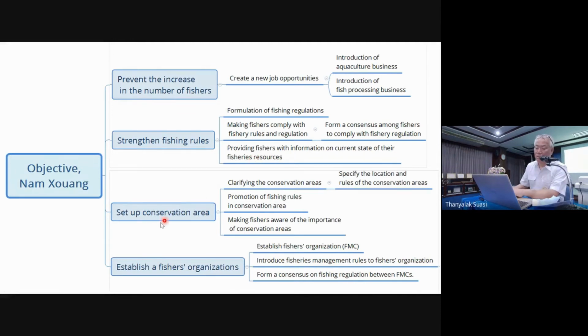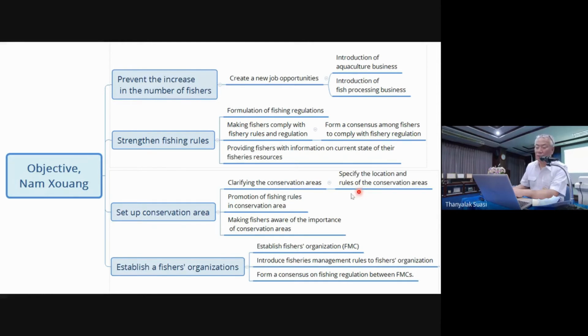And the next objective, set up the conservation area: clarifying the conservation area, its specific location and rules, because almost all fishermen and part-time fishermen don't know where the conservation area is and what the rules of the conservation area are.